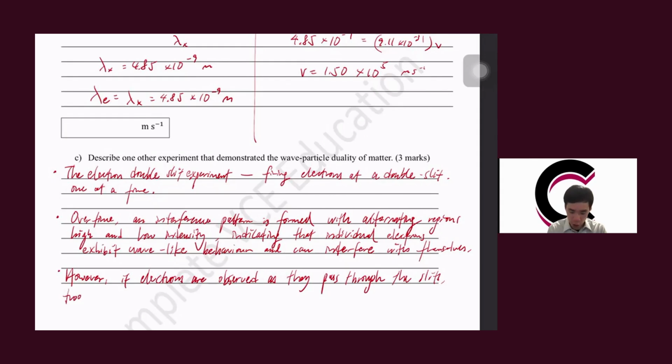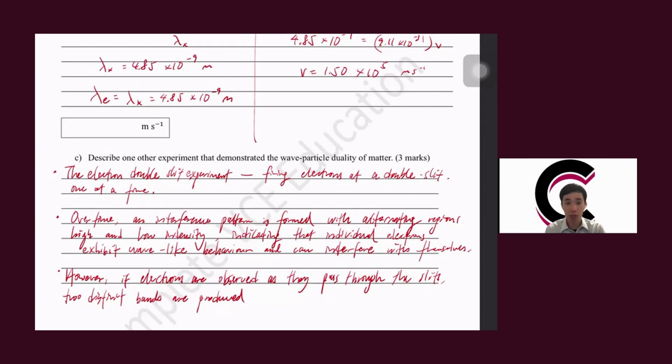What happens is two distinct bands are produced. Maybe not bright bands, let's just say two distinct bands, because they're just electrons and it's the intensity they registered.